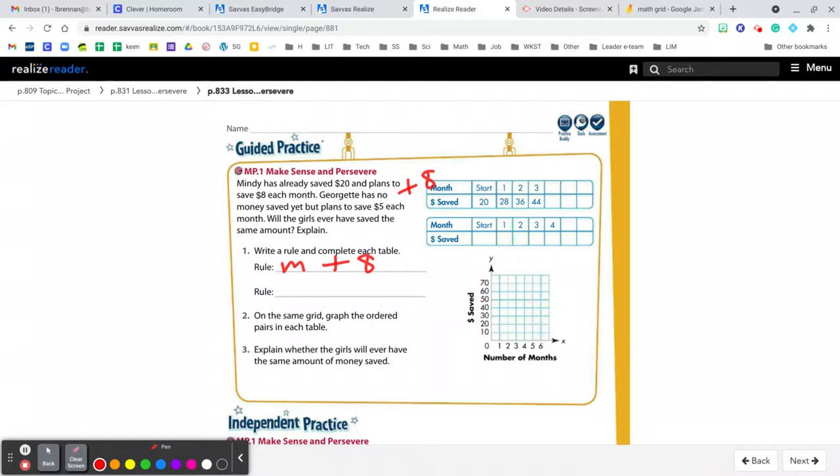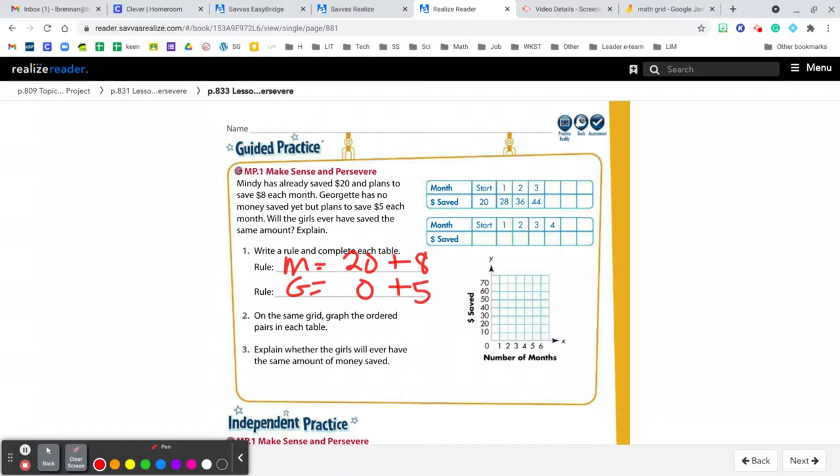Mindy equals, she starts at 20 and adds 8. And Georgette is starting at 0 and adding 5. So that would be their rule.